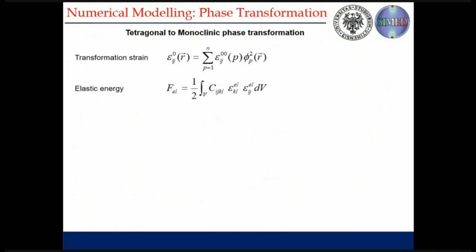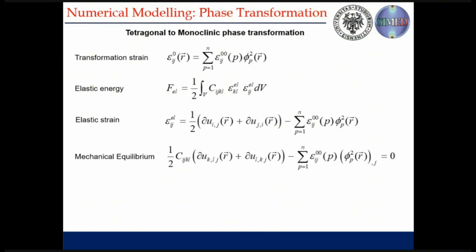So as we have this elastic energy, instead of total strains, we are using the elastic strain, which is total strain minus these eigenstrains. And then with the mechanical equilibrium of this energy, we can couple the phase transformation with the mechanical loading.